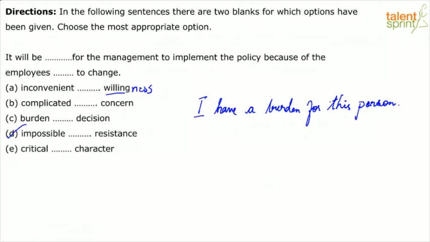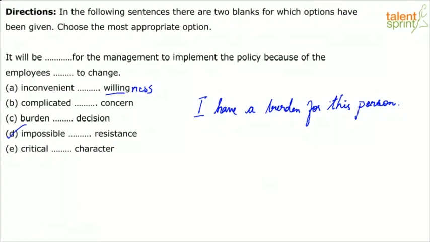It is describing how the management will be, or the condition. So here I need an adjective form. The adjective form of burden is burdensome. So that's why I need to understand, okay, this is the form I need in this context. I don't need a noun form, which is burden. I need an adjective form, because it's describing the condition in which the management will feel. It will be burdensome for the management.